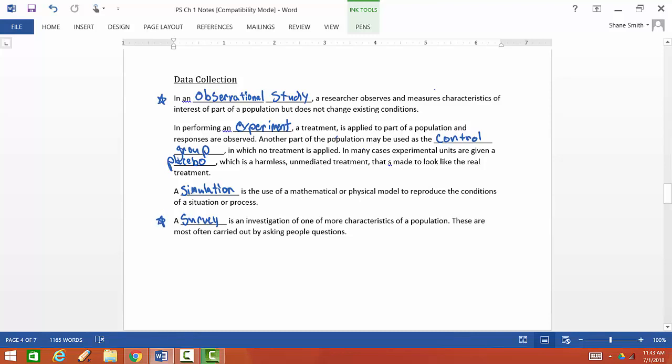And especially if you do the survey and you're asking people questions, you want to make sure that the survey represents your population well, and you're not getting just a bunch of people not responding to you. It's going to take longer for you to collect the data, first of all, and second of all, the data you collect may not be representative of the population. So it's often a good idea to ask people questions in person or something to that effect.